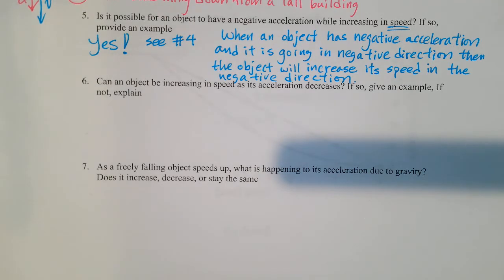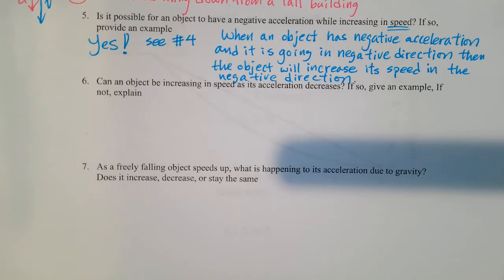Andy. I said yes, and it would only work if acceleration and speed were both going in the negative direction, or both in the positive direction too. So they have to both go in the same direction basically. Acceleration and velocity.